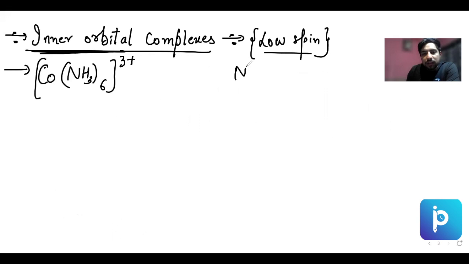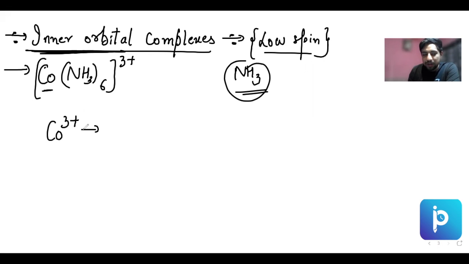Now ammonia is such a ligand which prefers the inner orbital. Okay, and that is why this ammonia ligand forms inner orbital complexes. Okay, see this. Cobalt over here is in the 3+ oxidation state, right? It is in the 3+ oxidation state.